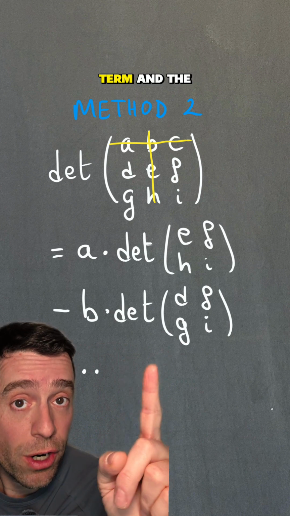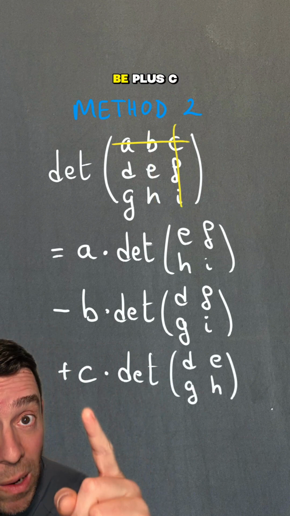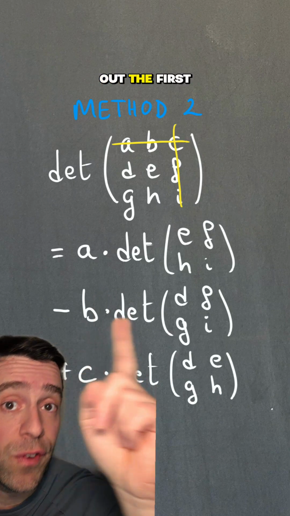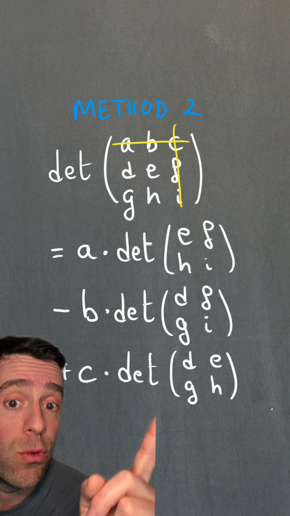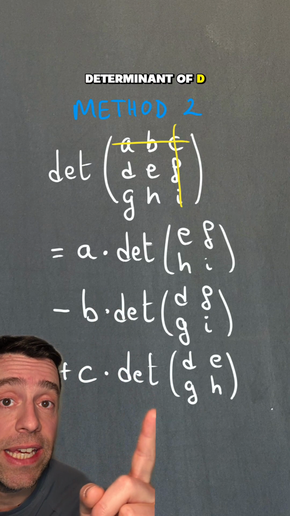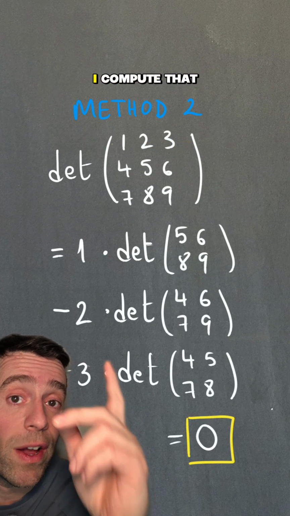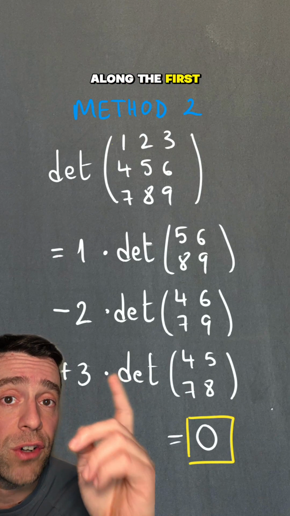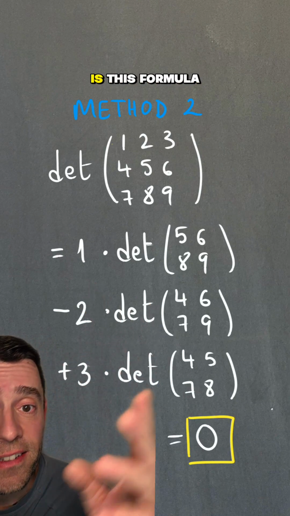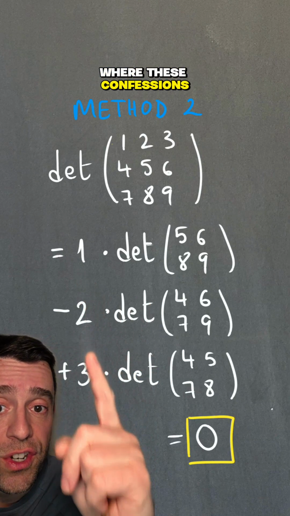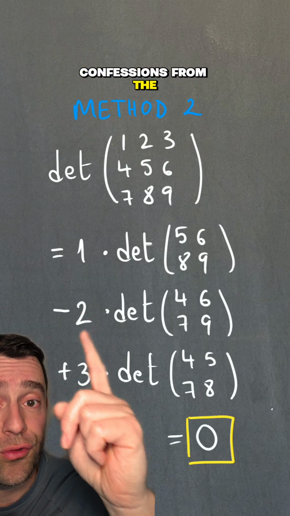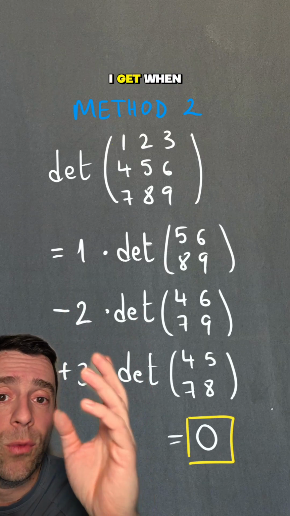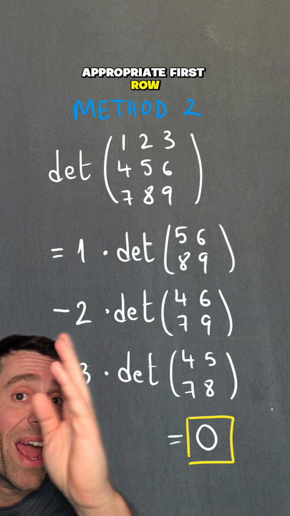And the last term will be plus C times the determinant that I get when I cancel out the first row and third column, which is the determinant of D, E, G, H. For example, if I compute that determinant using this second method with the expansion along the first row, what I get is this formula where these coefficients 1, 2, and 3 are the coefficients from the first row with alternating signs, and the determinants are those that I get when I cancel the appropriate first row and then the column.